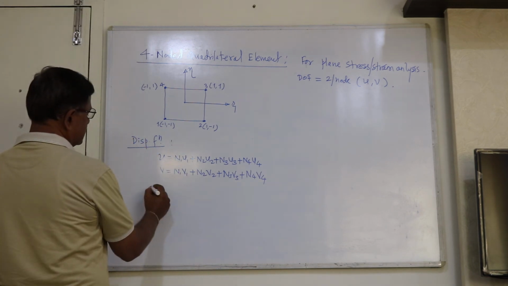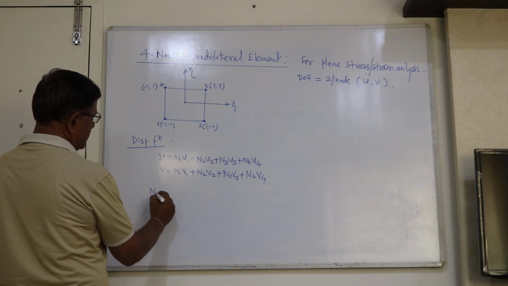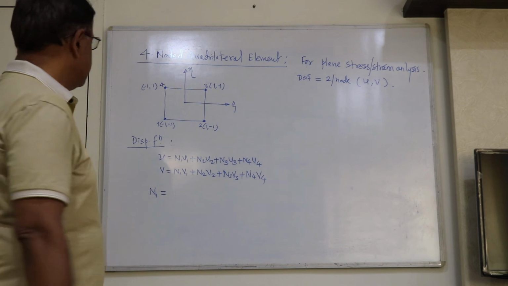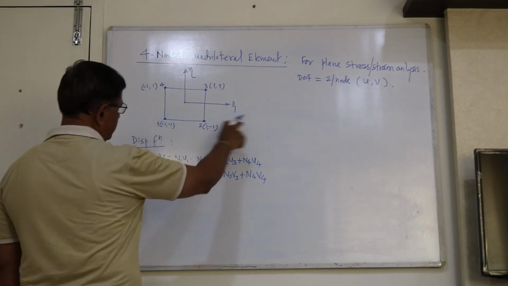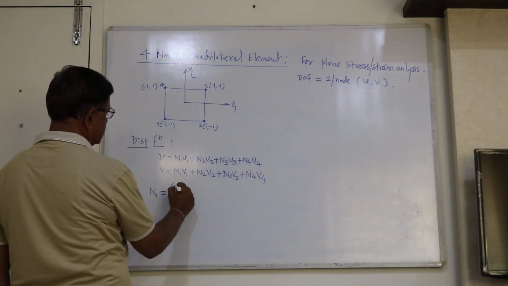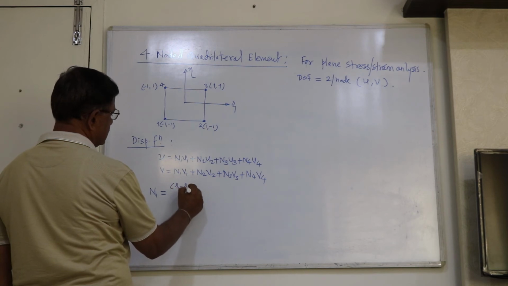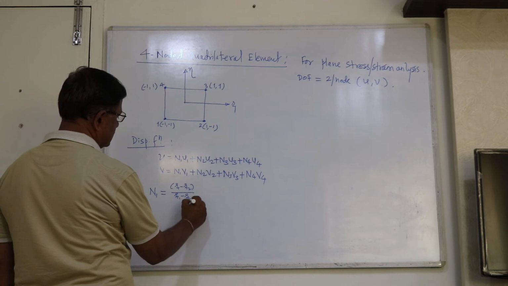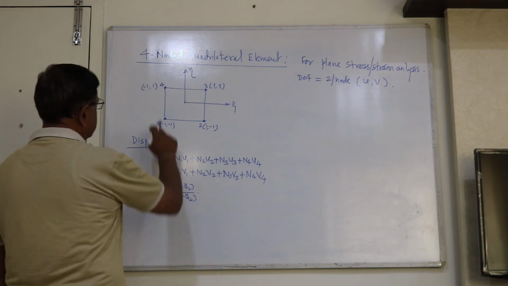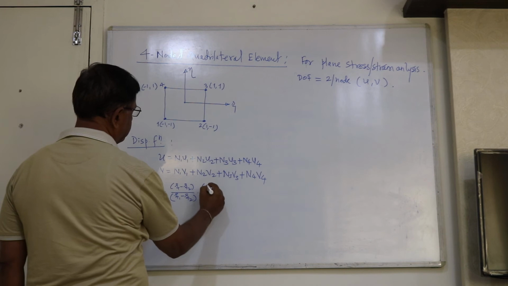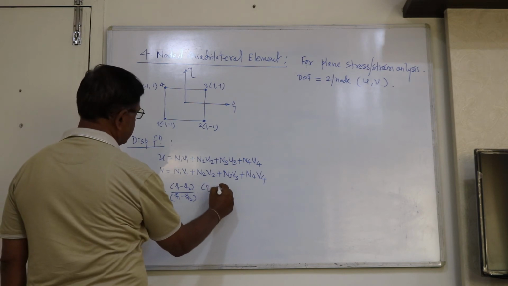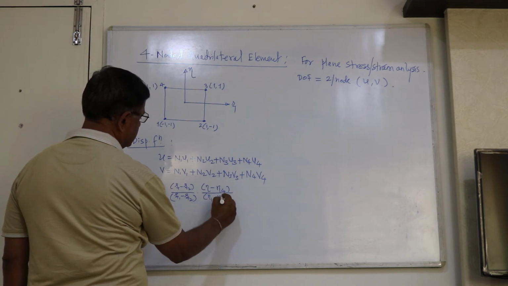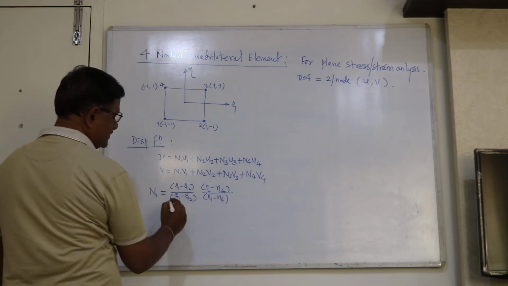Now the shape function N1 is given by using the Lagrangian interpolation formula. So N1 will be, in the xi direction, xi minus xi2 divided by xi1 minus xi2, and in the eta direction, eta minus eta4 divided by eta1 minus eta4. Now substitute the coordinates.